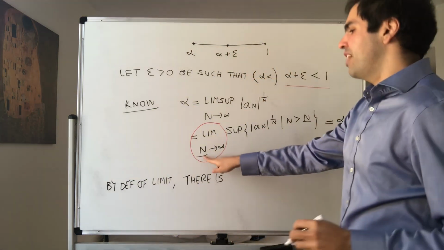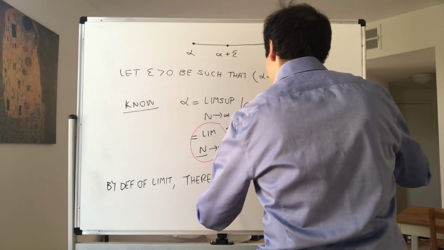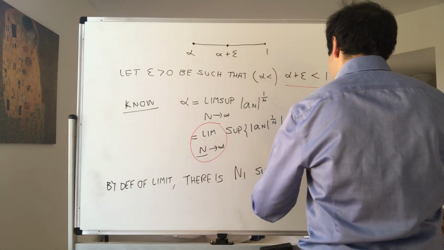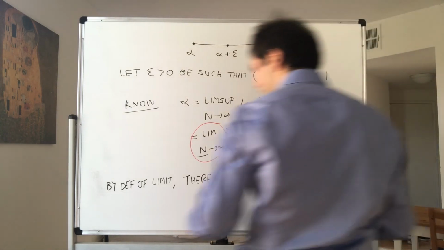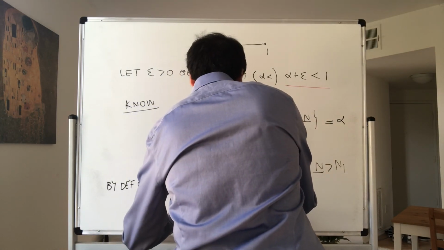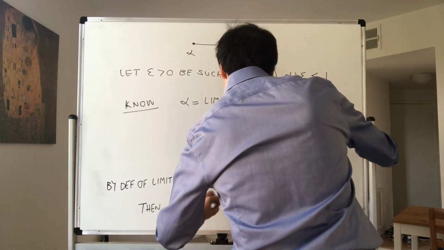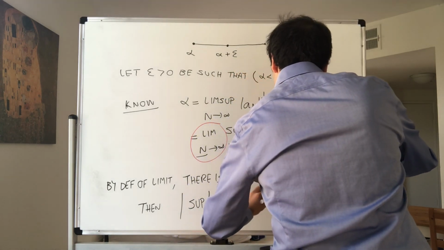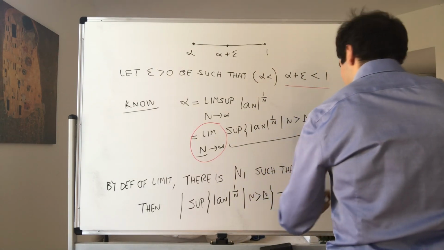I usually want to write capital N, but we already have capital N here, so let's write capital N1, such that if n is bigger than capital N1, then the difference between our sequence, supremum of an to the 1 over n, where n is bigger than capital N, minus alpha is less than epsilon.